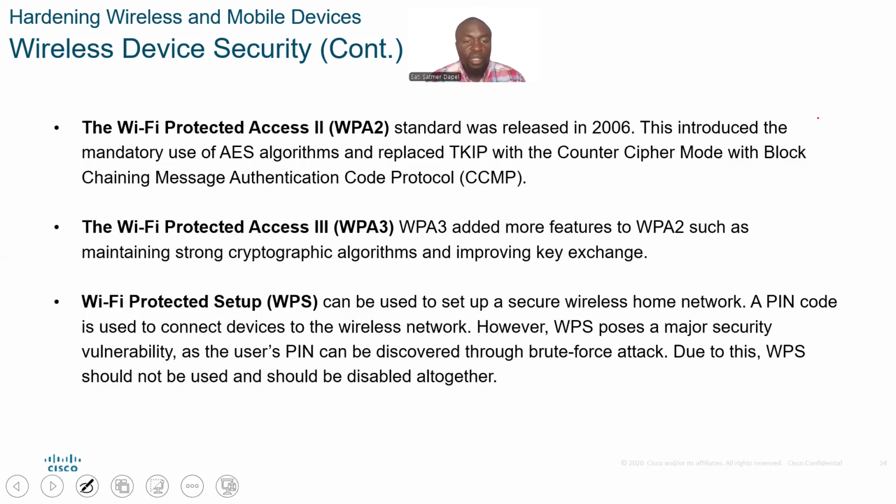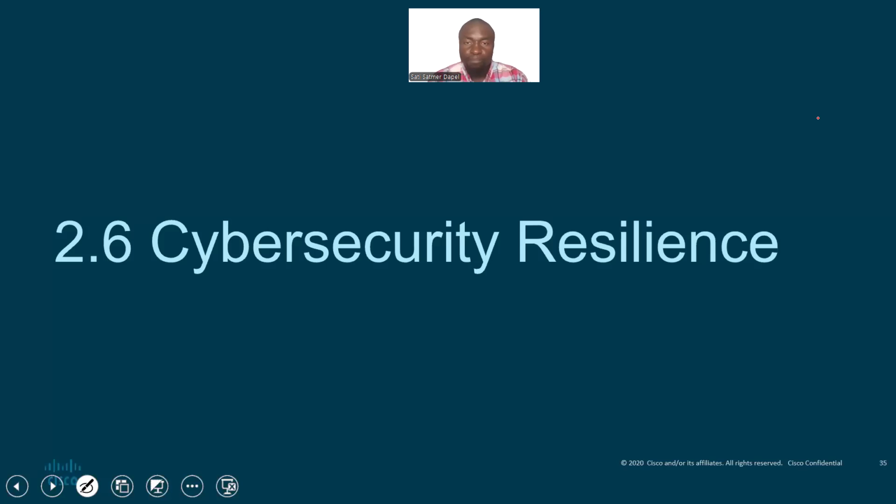Wi-Fi Protected Setup, WPS, can be used to set up a secure wireless home network. A PIN code is used to connect devices to the wireless network. However, WPS poses a major security vulnerability, as the PIN can be discovered through a brute force attack. Due to this, WPS should not be used and should be disabled altogether.